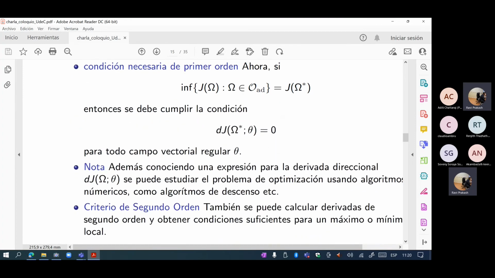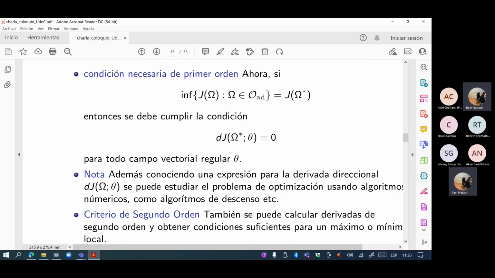Let me keep this on screen. As Xavier pointed out, it won't tell you more than whether it's a local maximum or minimum with these ideas. So you may need something more to say whether it's a global maximum or minimum.